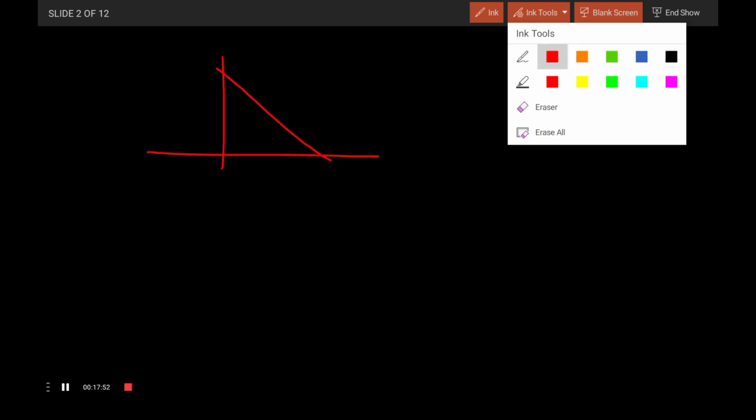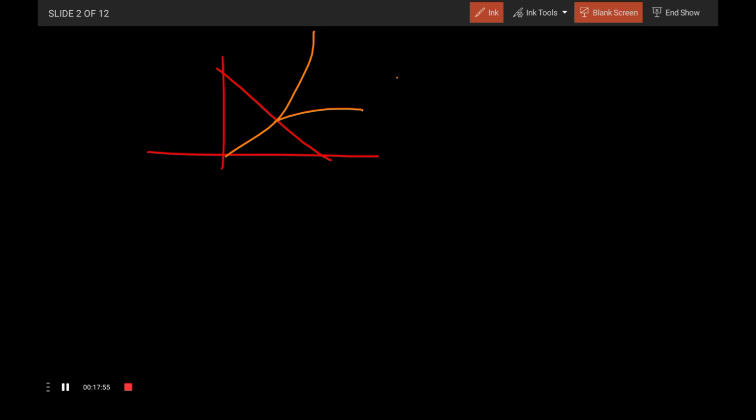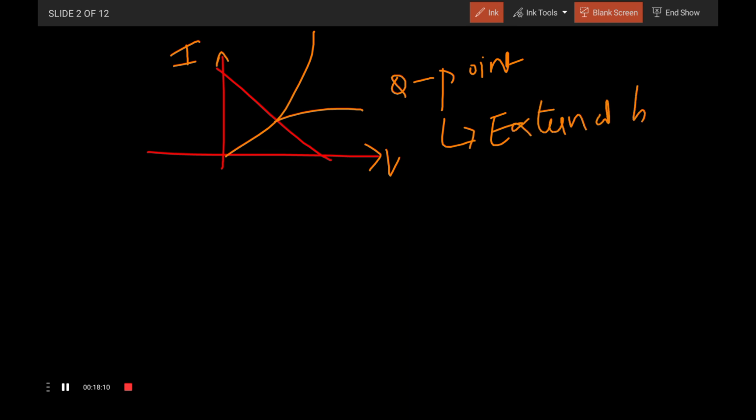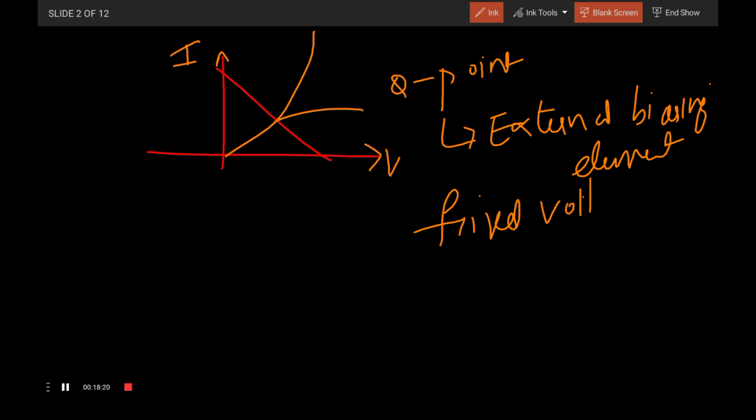If you want to find the Q point for this one, you need two things: external biasing elements and, at the same time, some fixed voltage. If you have these two, you can get the quiescent point.